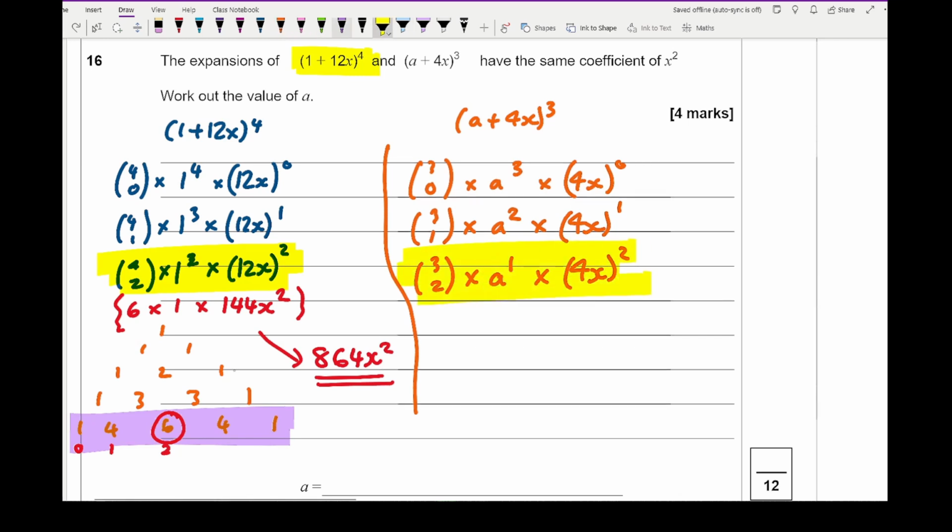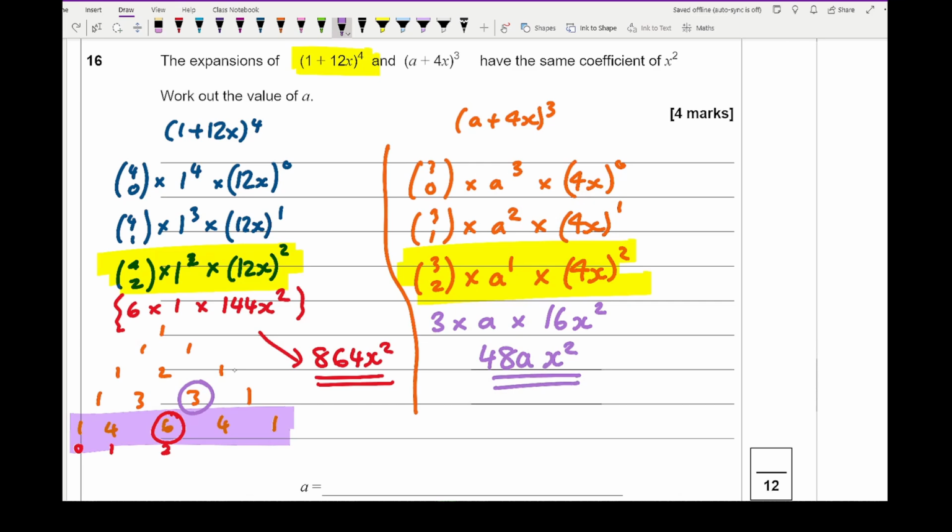So if I pick the 3rd row, which is here, and remember the first row is 0, so 1, 2, 3, and I want the 3rd number, and that is a 3. So this is going to be 3 times a multiplied by 16x squared. So simplifying all of this, 3 times 16 gives me 48, so that's 48ax squared.